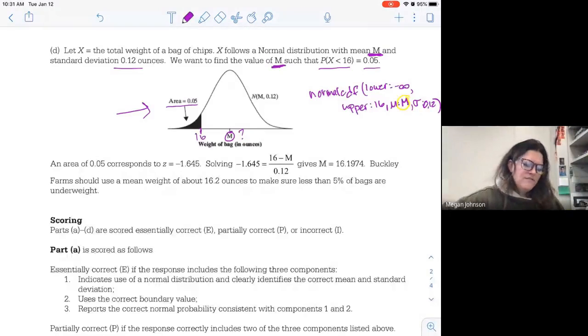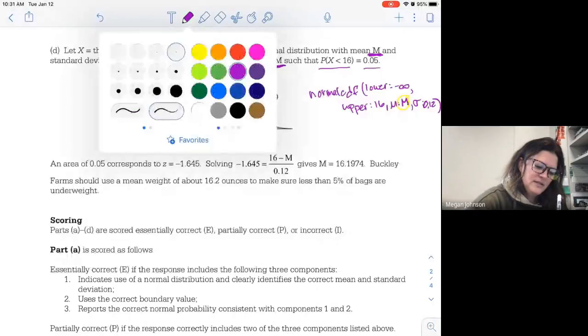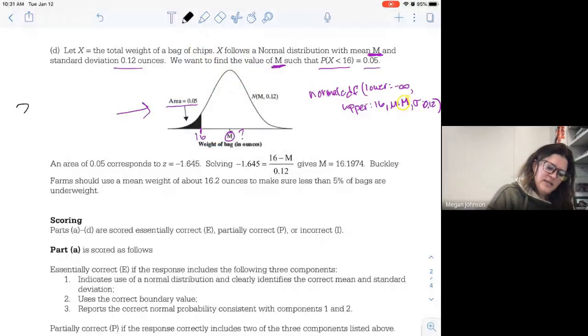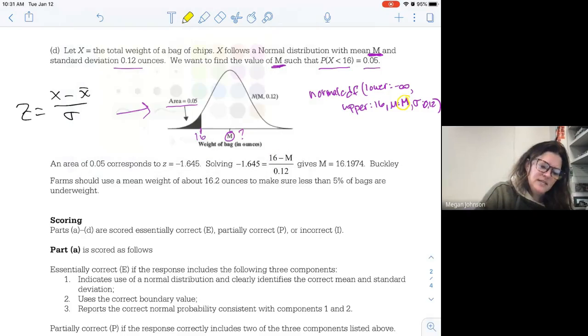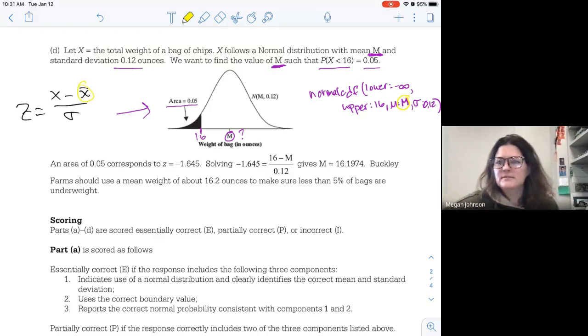The z-score formula was this. Your formula looks like z is equal to data minus mean over standard deviation. So in this case, you're missing the mean. That's the piece you're missing.